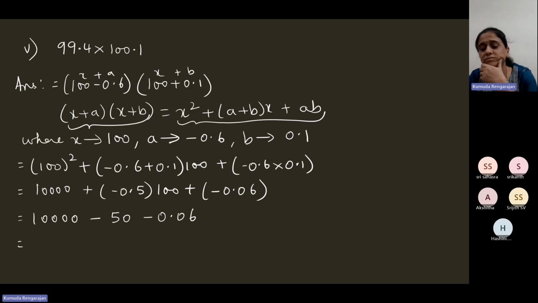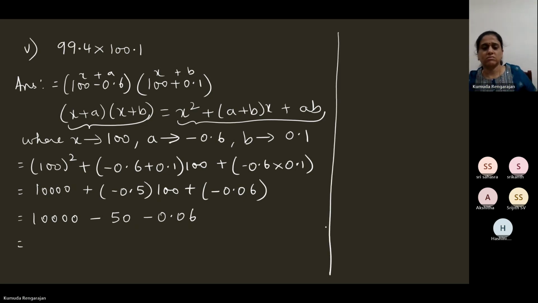Disable your mic. Why 0.04? No. Ma'am, 9,949.94. Correct. Ma'am, 9,949.94.